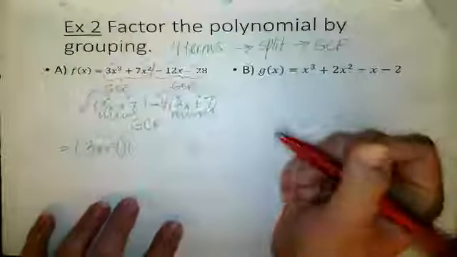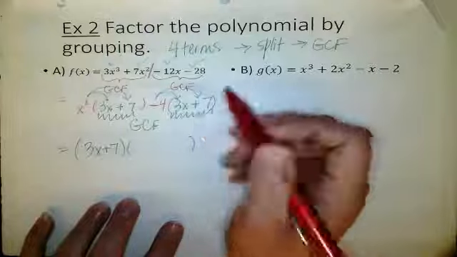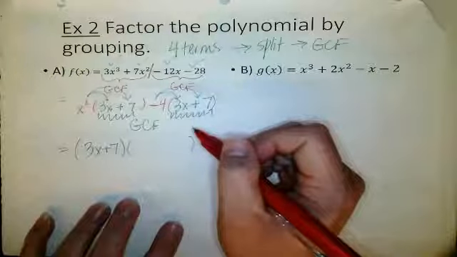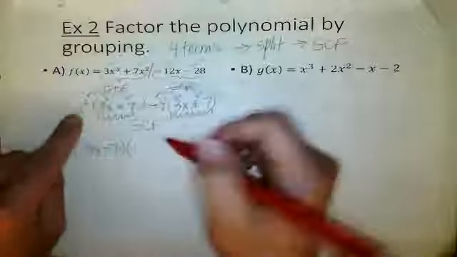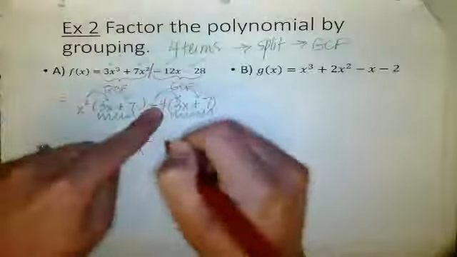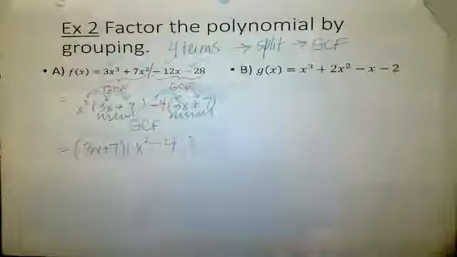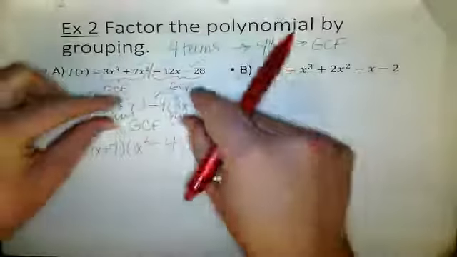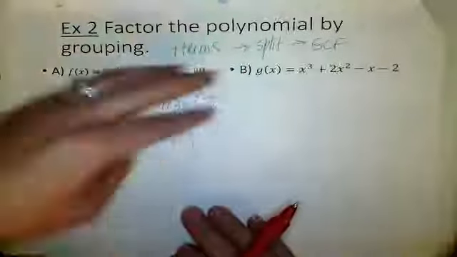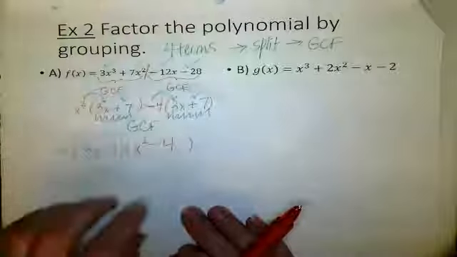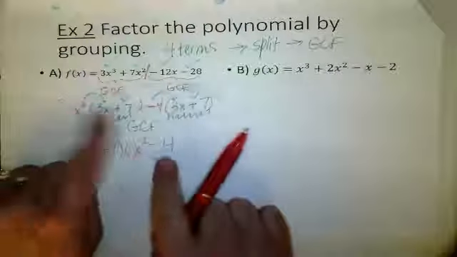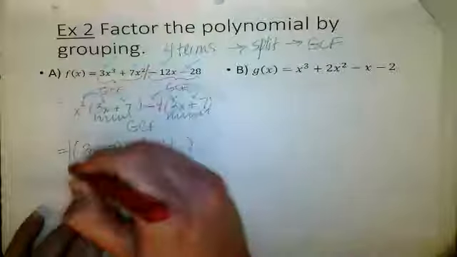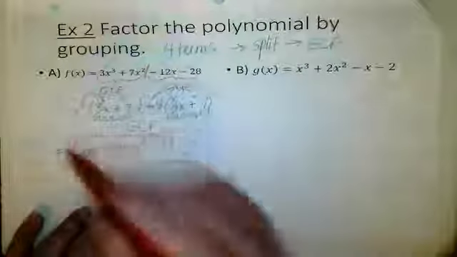And what's left behind? X squared and the minus 4. So I'm taking this common factor and undistributing it to the front of the line, and we can see that we have the x squared minus 4 left over. That is the process for factor by grouping.